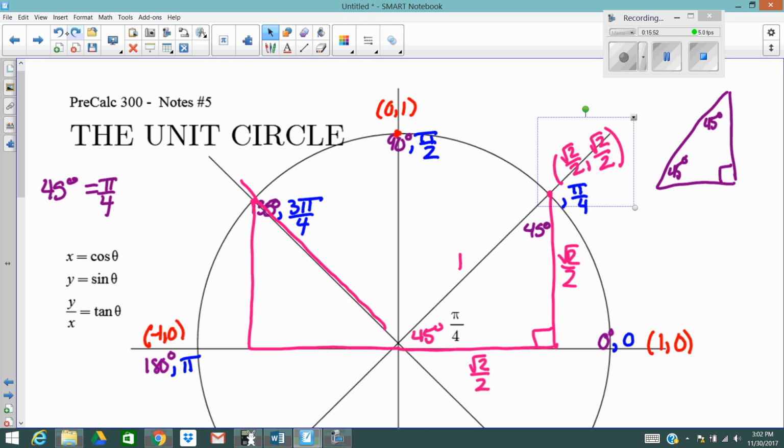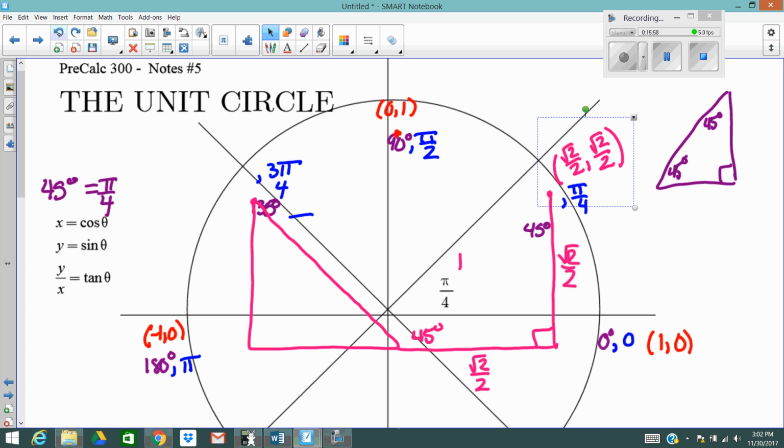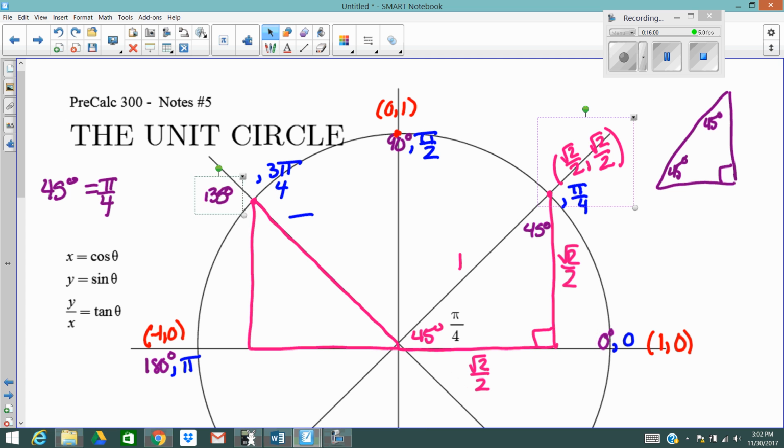All right, I guess I'm just not going to be moving that. There it goes. All right, so if I put my triangle here in quadrant 2 to find the coordinates of that point, I have theta here.